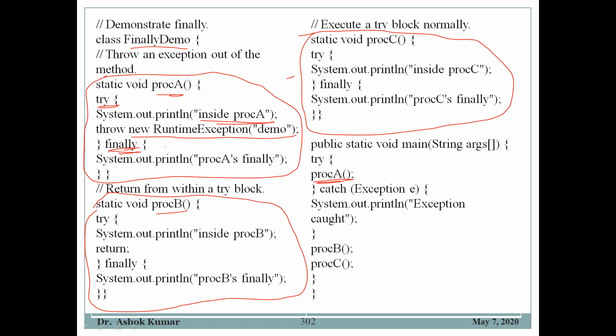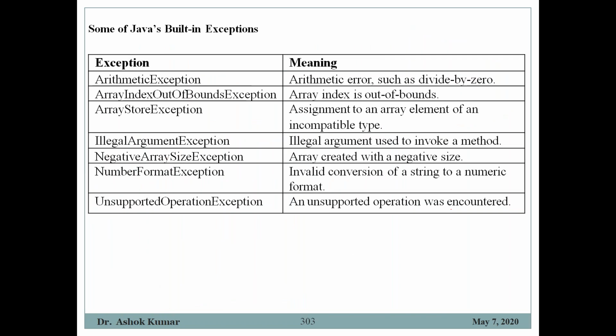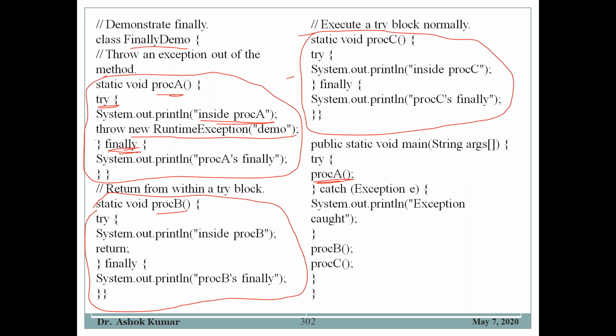The catch block is not there, so there is only the finally block. What will happen in this case? Because it's not finding the catch block, the finally will get executed. So you will get the finally answer.